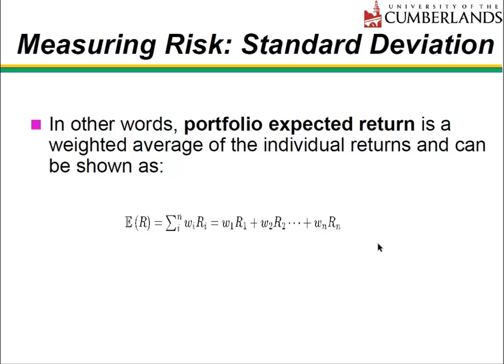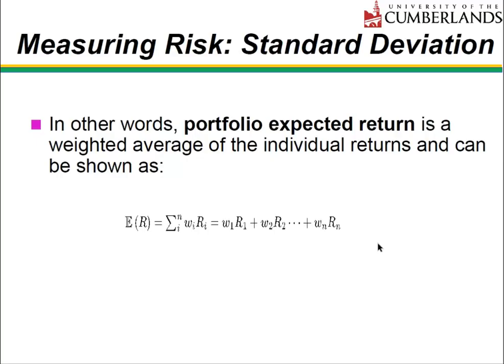In addition to understanding portfolio risk, we must also understand portfolio expected return. So portfolio expected return is simply a weighted average of the individual asset returns. The formula shows that the expected return of a portfolio equals the sum of each asset's weight times the expected return.